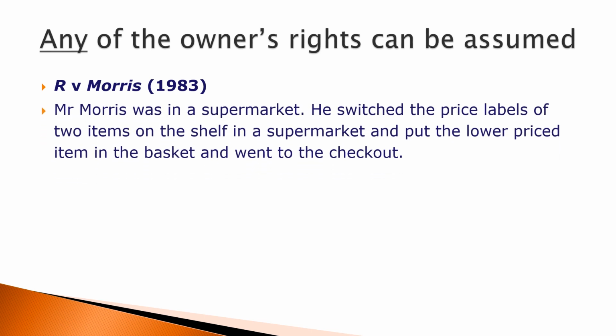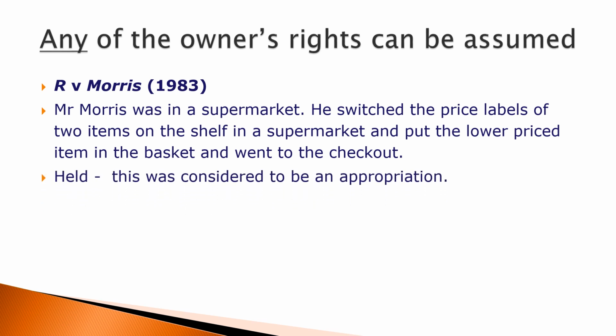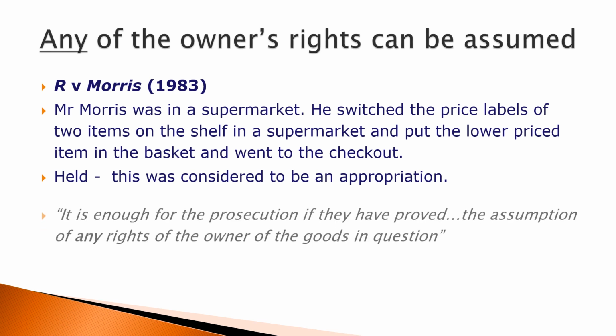So Morris was in a supermarket, switched the price labels of 2 items on the shelf, placed the lower priced item in the basket and went to the checkout. This was considered to be an appropriation. He was assuming the rights of the supermarket owners when he switched the price labels, and hopefully you agree that's not something that we should be doing unless we own those goods as a supermarket.